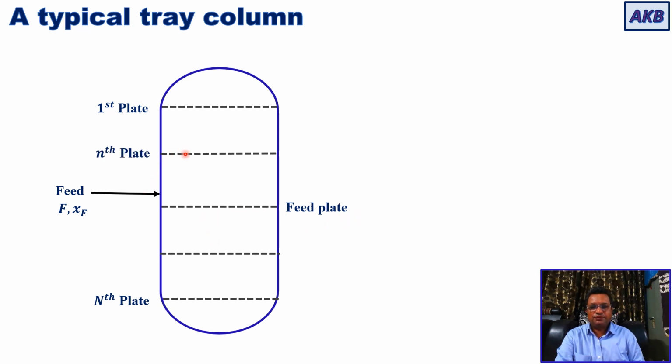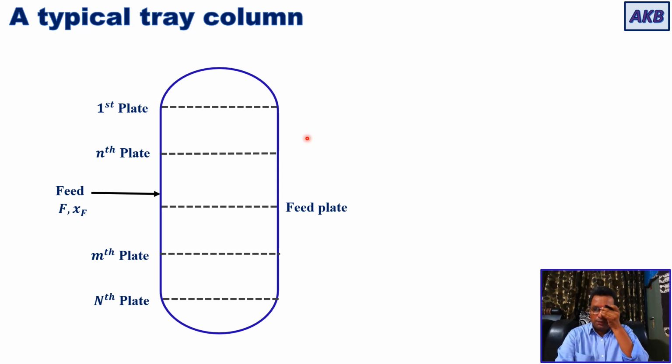Then I'm considering any plate, that is the nth plate. This nth plate is in a section that is above the feed plate. Then I'll consider one more plate, which I'm calling the mth plate. The mth plate is in the section that is below the feed plate.